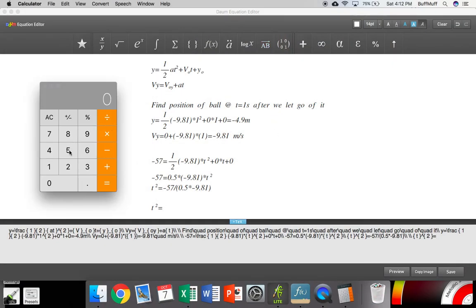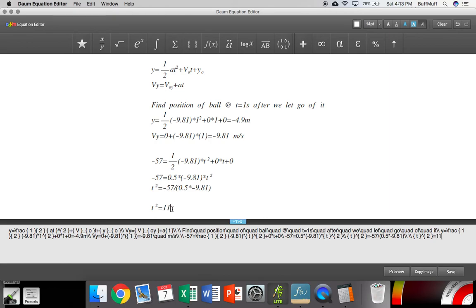So, 57 divided by 9.81 times 0.5, which is 4.905. So this is around 11. Sorry, let me do that again. 57 divided by 4.905 is equal to 11.62.